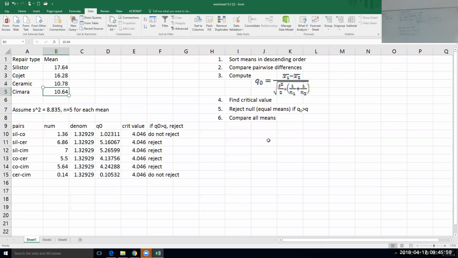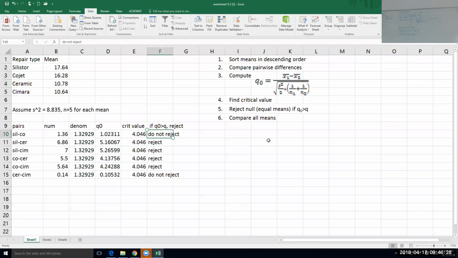Those are significantly different. The 17 versus the 10 also significantly different. Now, let's look down here. Ceramic, so basically, here's what we're kind of saying. Those two are not significantly different. Those two are not significantly different, but those two are significantly different than those two. How do you know if they're significantly different? They're more than 0.046. So the idea here is under your null hypothesis with Tukey, these two are different.